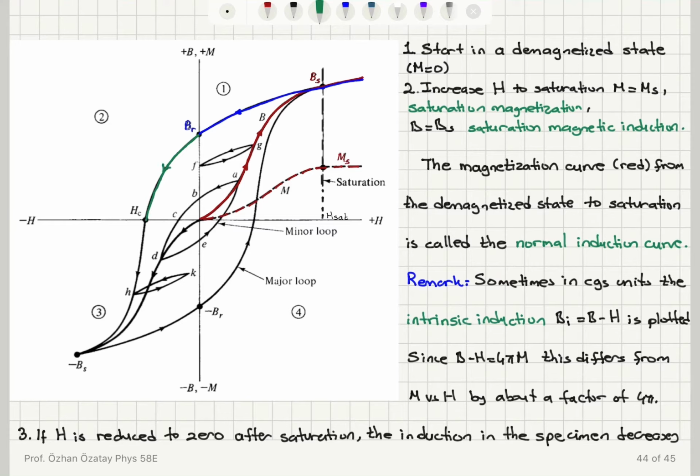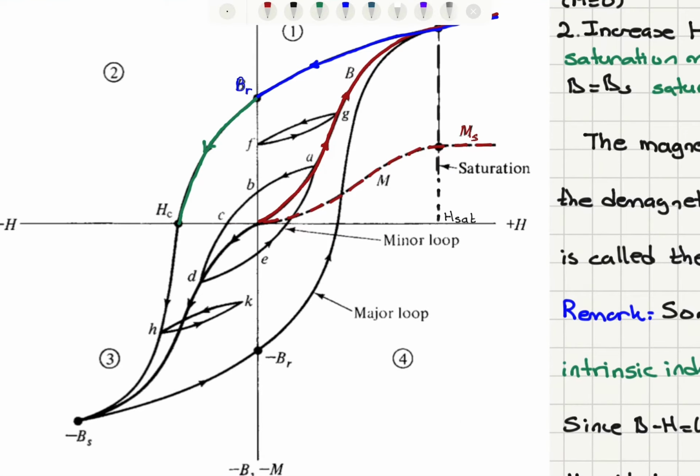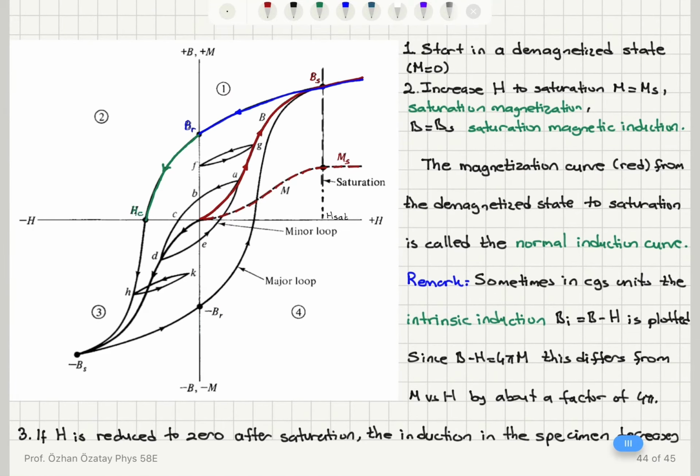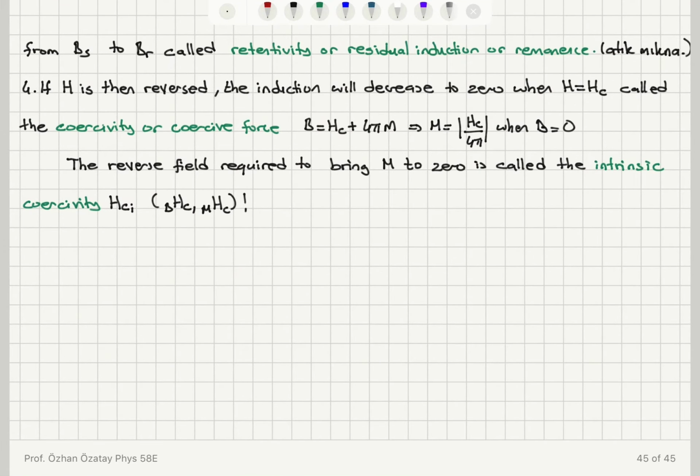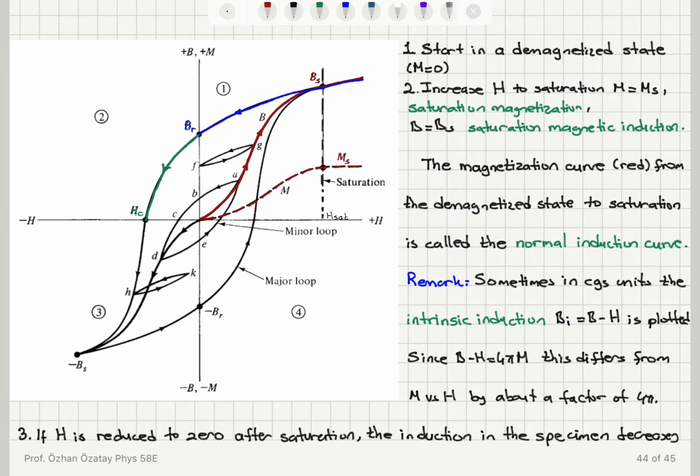So going through this step, we reach the coercive field Hc. That's the field at which magnetic induction is 0. Intrinsic coercive field is when the magnetization is 0. Okay, so there is a distinction between these two. So after negative saturation, if I continue with this, I reach a negative saturation.